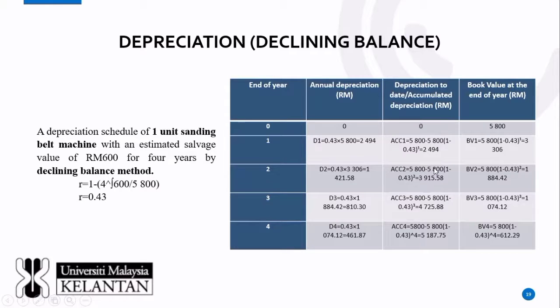The difference is the item. So here, on the last right-hand side, we can see the loss for the machinery depreciation is about 612.26 in book value at the end of the year.